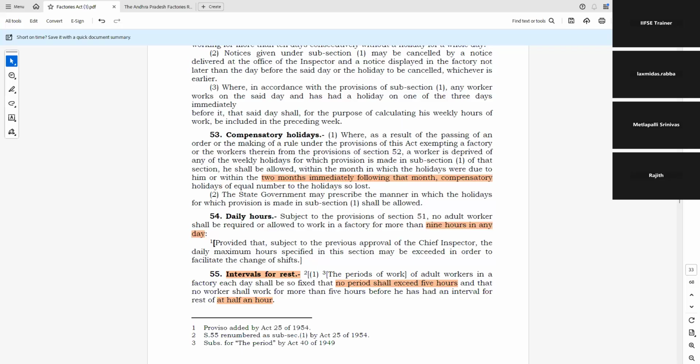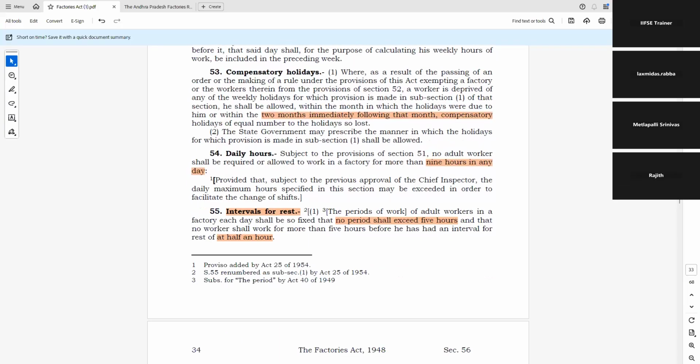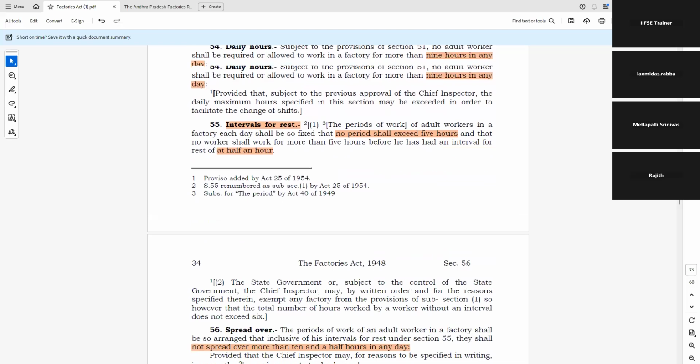So he can take the compensatory holidays if he has worked excess hours or has not taken any holiday as per section 52. He has to consume those compensatory holidays within 2 months.